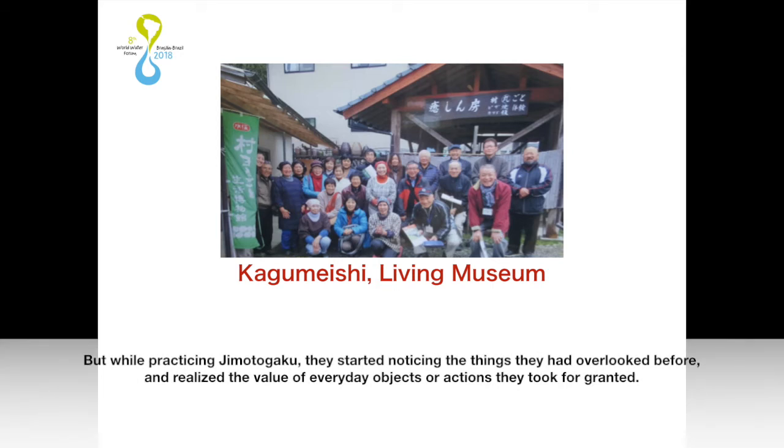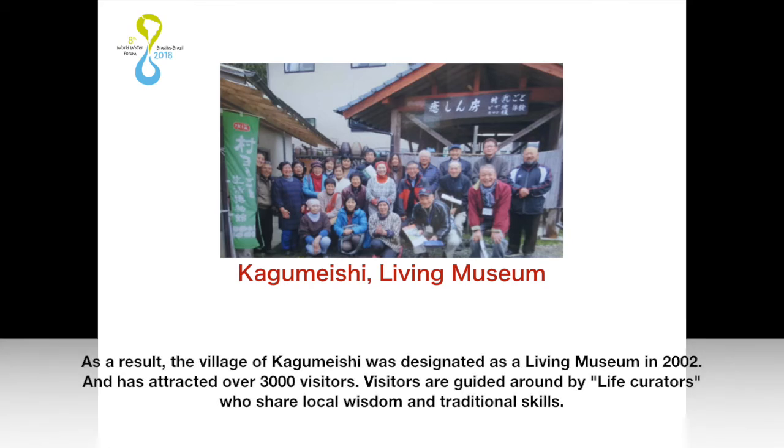But while practicing Jimotogaku, they started noticing the things they had overlooked before and realized the value of everyday objects or actions they took for granted. As a result, the village of Kagamishi was designated as a living museum in 2002 and has attracted over 3,000 visitors. Visitors are guided around by life curators who share local wisdom and traditional skills.